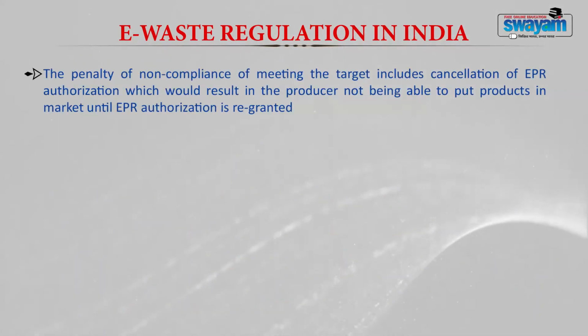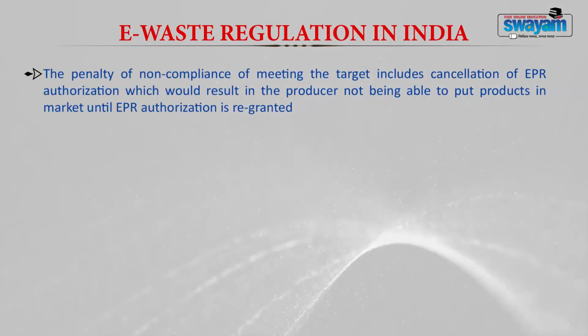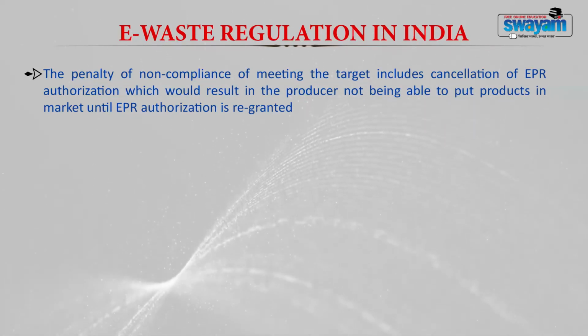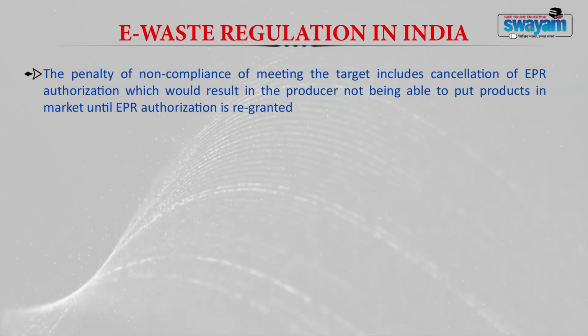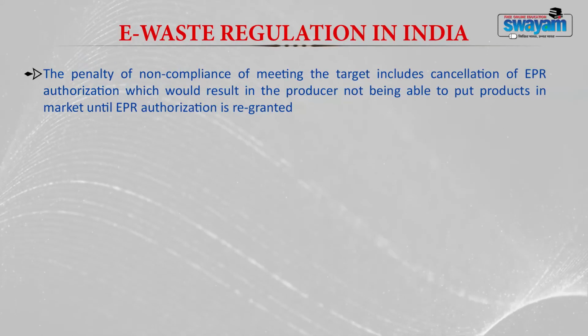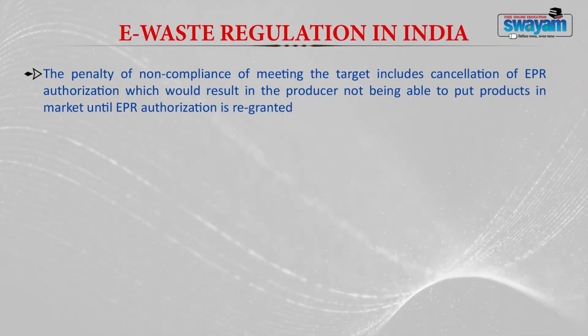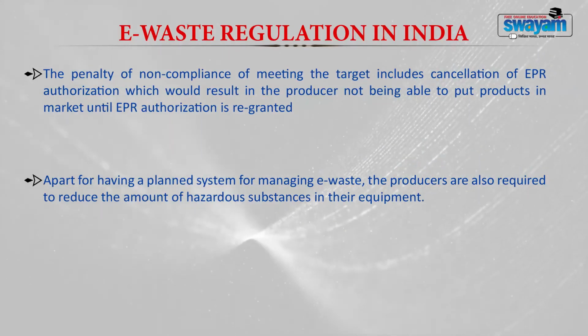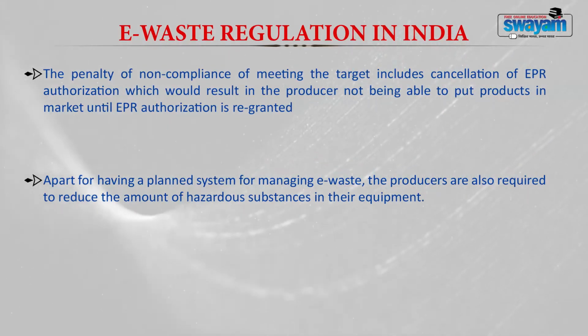Now, the penalty for non-compliance in meeting the target includes cancellation of EPR authorization, which would result in the producer not being able to put products in the market until EPR authorization is granted. Apart from having a planned system for managing e-waste, the producers are also required to reduce the amount of hazardous substances in their equipment.